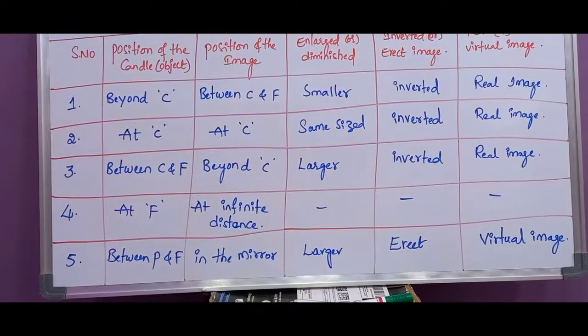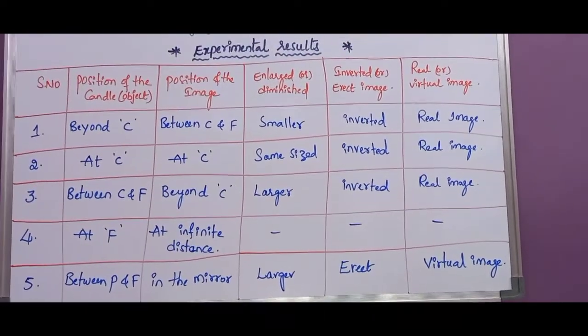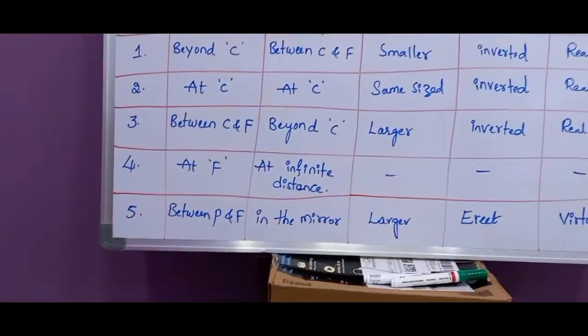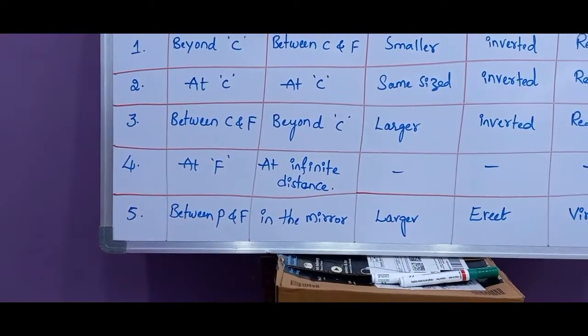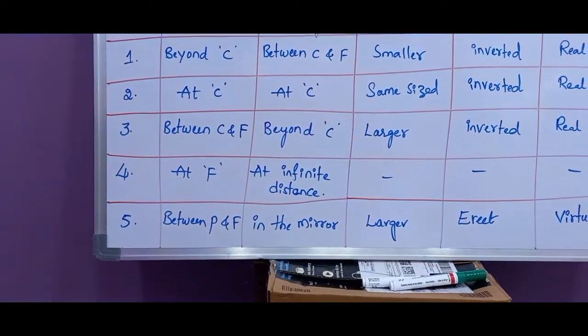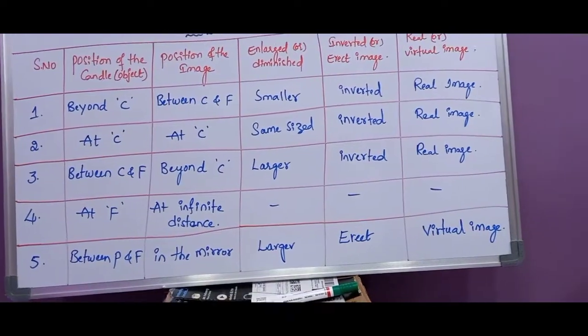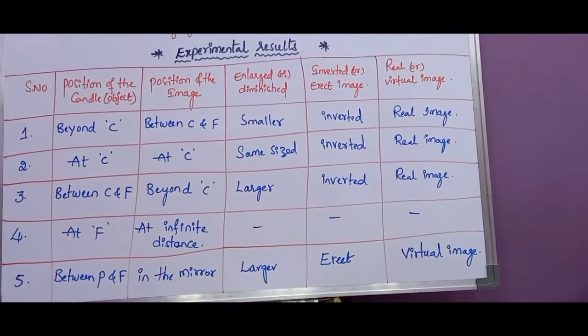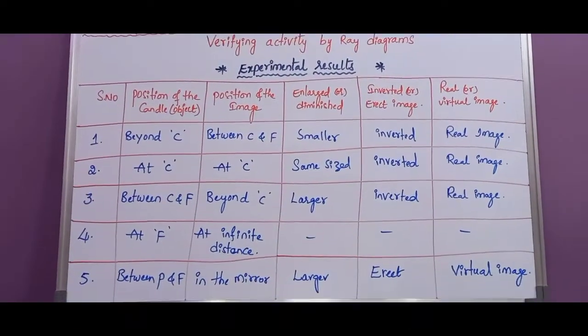That means the image is formed at infinite distance, and therefore the other characteristics of the image also cannot be predicted. The last case is when the object is placed between the pole and the focal point, very close to the concave mirror. In such a case, the image is formed inside the mirror, and it is larger than the object, erect and virtual. Whether these are right or wrong, we will verify by drawing the diagrams.